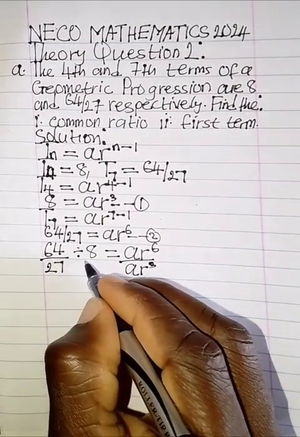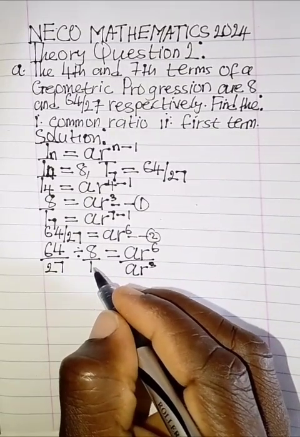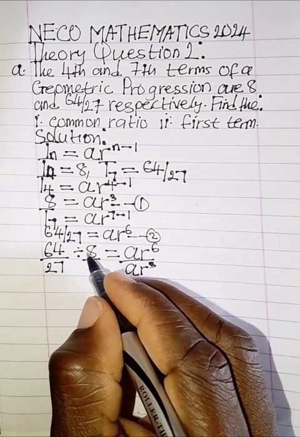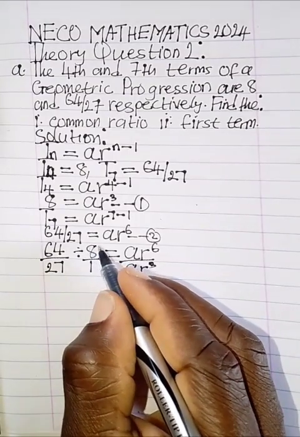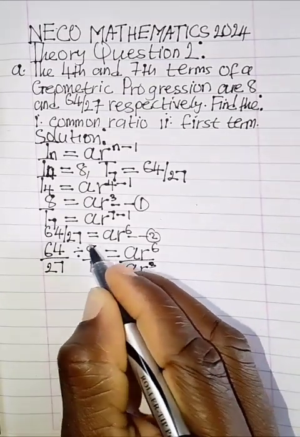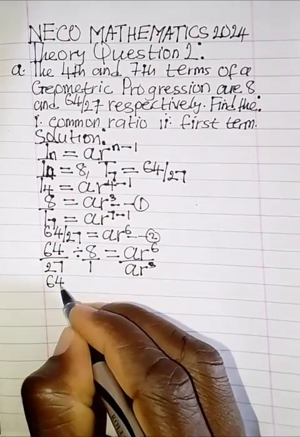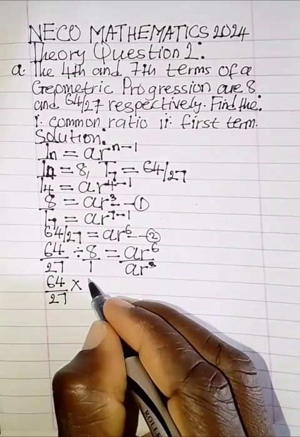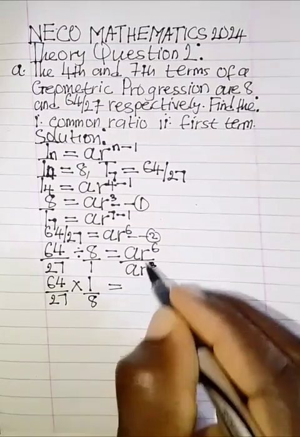We can write this one as over 1. When dividing fractions, the division sign is changed to multiplication and the fraction at the right side is inverted. So we have 64 over 27 times 1 over 8 equal to a r to the power of 6 over a r to the power of 3.